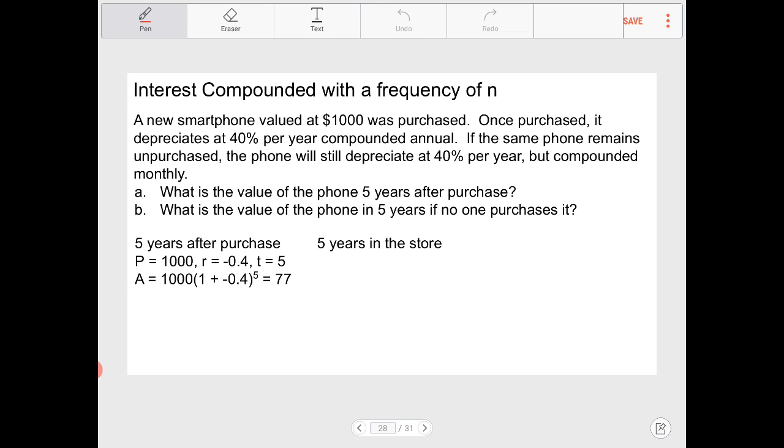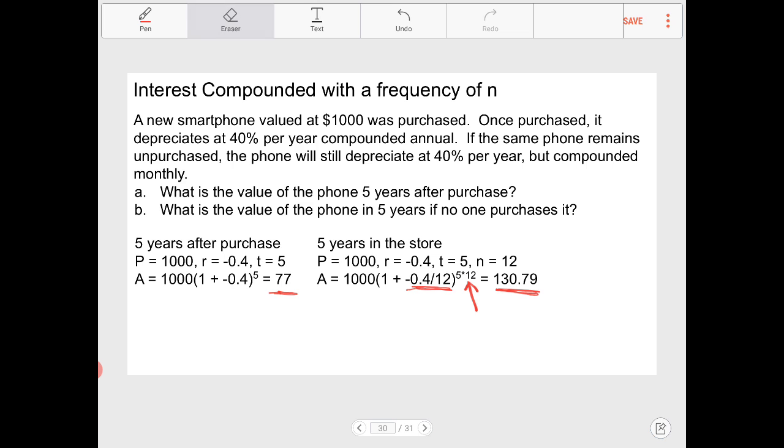What happens if there was an overstock of that device left in the store? Well, in 5 years, if left in the store, if I make the appropriate substitution and compound it monthly, I'll end up with 1,000 times that expression there, the depreciation divided by 12, and the depreciation is going to be compounded 12 times a year, or 60 times over 5 years. The value of the phone will be higher than when it has been used, which sounds about right.